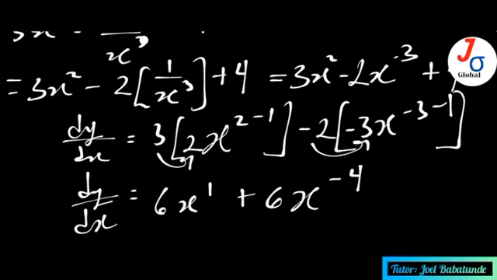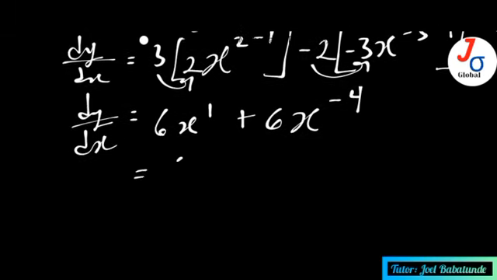So I could actually write my answer as 6x plus 6 over x to the power of 4. Whichever way I want to leave my answer is permitted, depending on, if you're doing an objective question, which options are there. Alright, good. So this is how to use the general method to differentiate any function that you have.